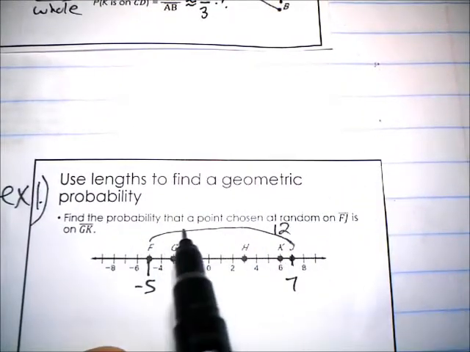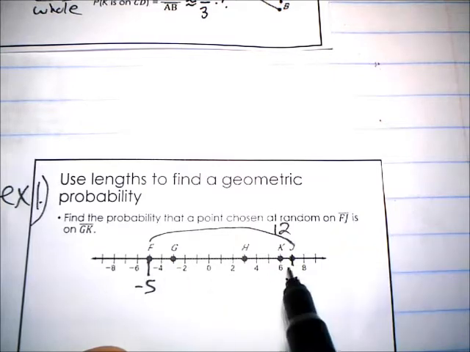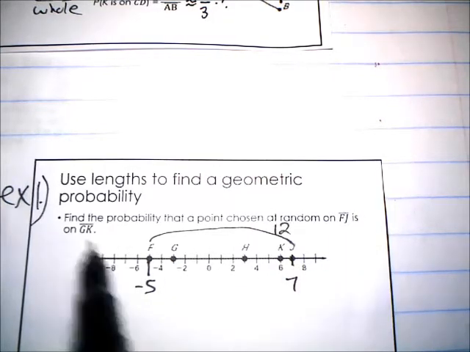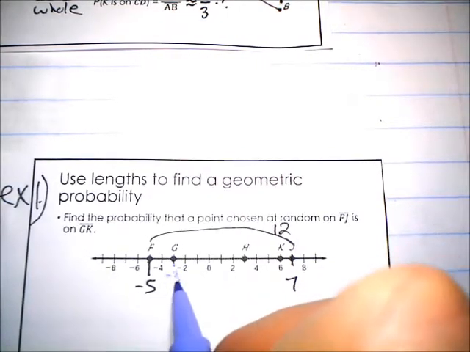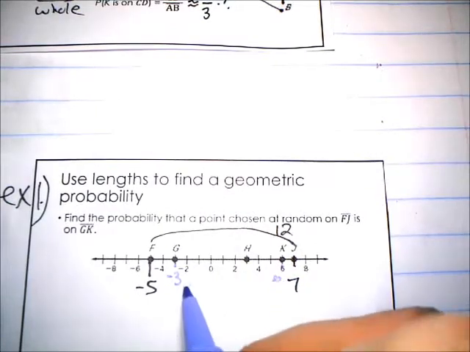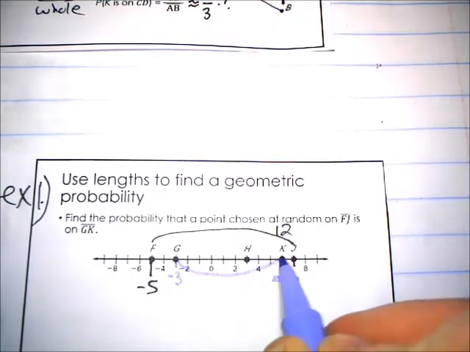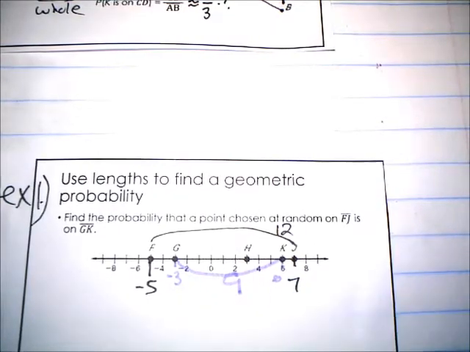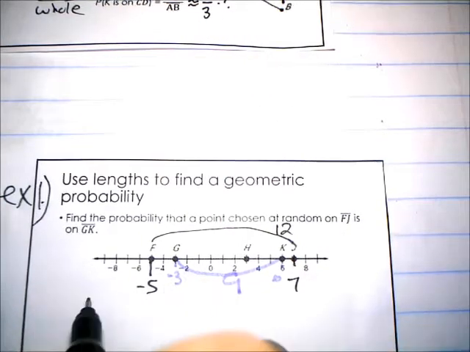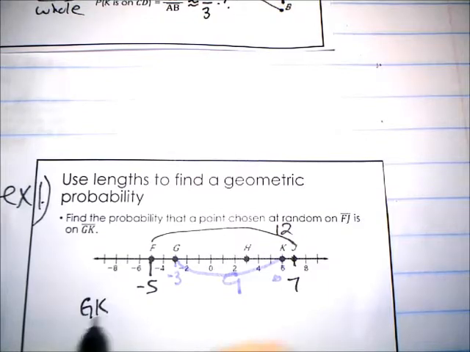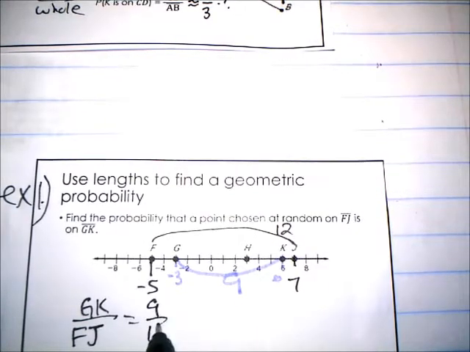GK is at -3 all the way to 6, and from -3 to 6, that distance is 9. So to write my ratio, I'm going to put GK over FJ, which means this is 9 over 12, which reduces to 3/4. That is your probability that the point that you pick will be on both GK and FJ.